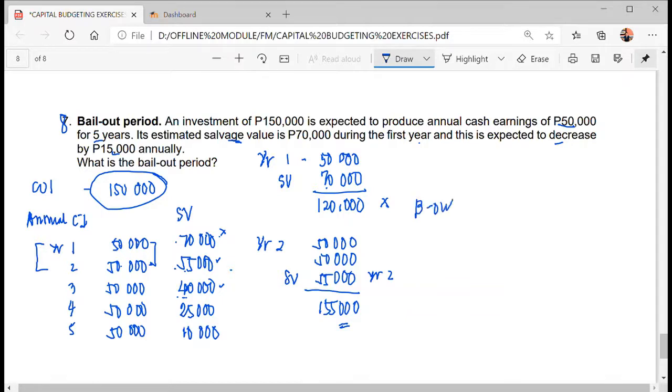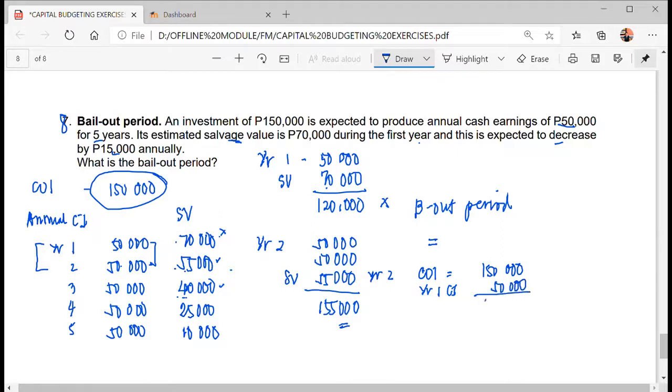Payback period. So how do we get the payback period? First, you get the fraction. Start from the very beginning. You have your cost of investment, which is 150,000, and the year 1 cash inflow of 50,000.